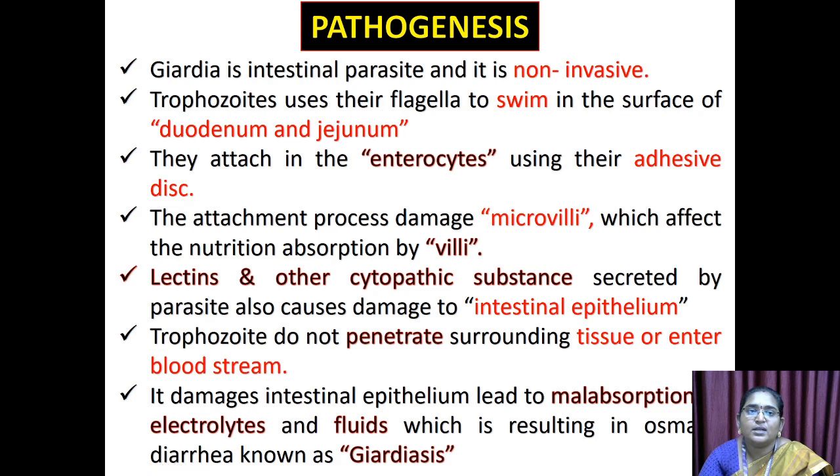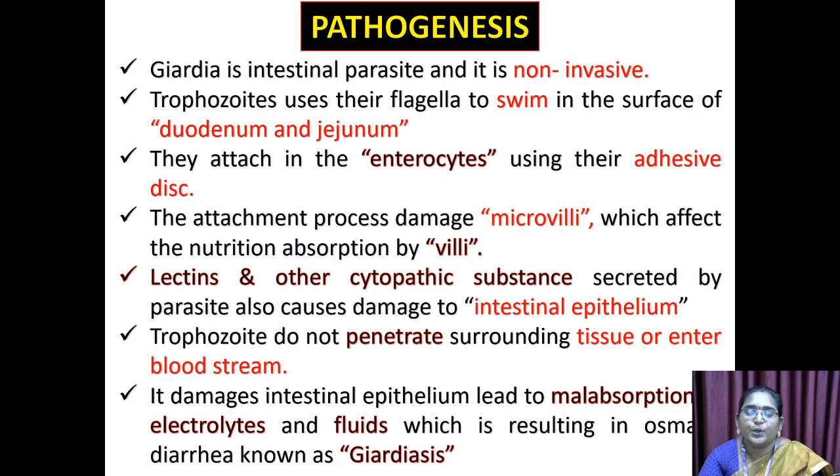Pathogenesis. Giardia is an intestinal parasite and it is non-invasive. Trophozoites use their flagella to swim on the surface of the duodenum and jejunum. They attach to the enterocytes using their adhesive disc. The attachment process damages microvilli, which affects nutrient absorption by the villi.